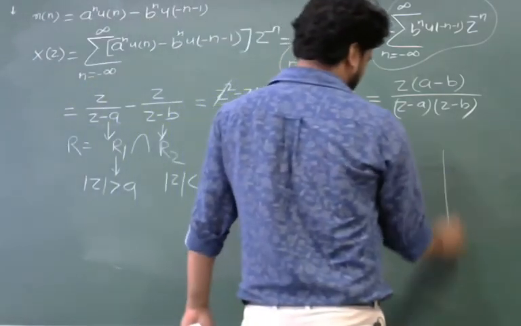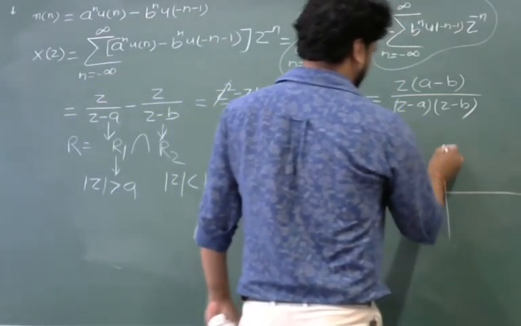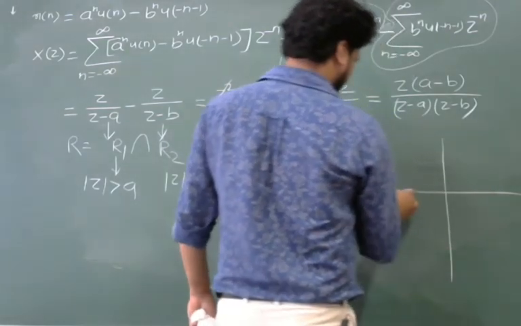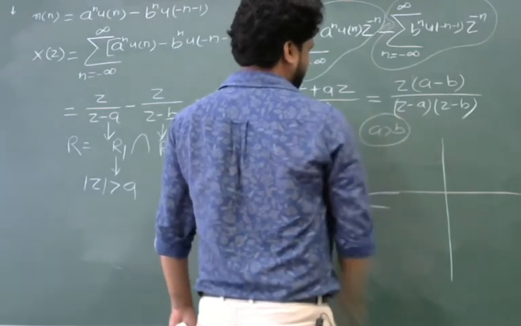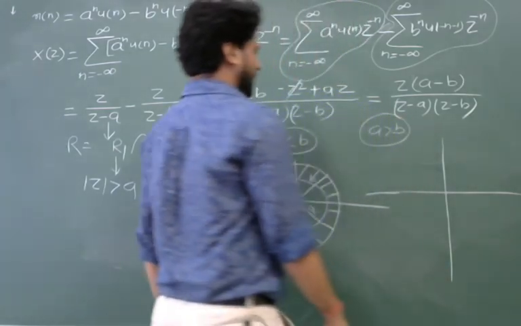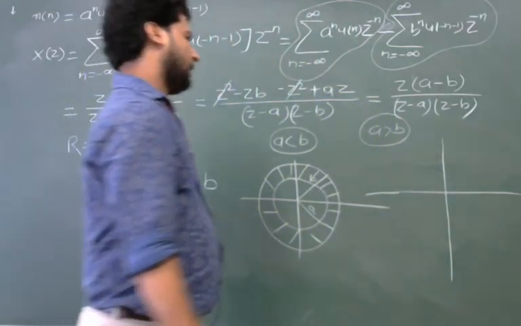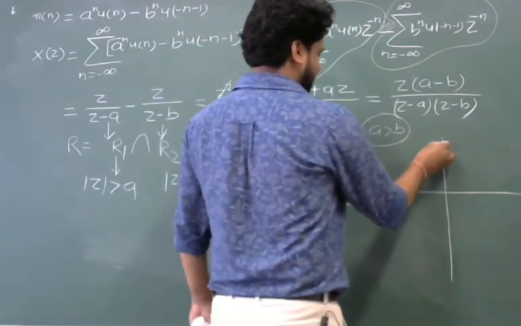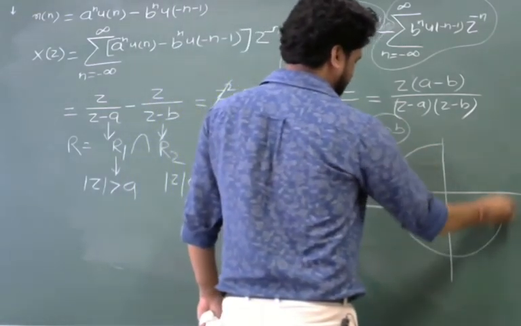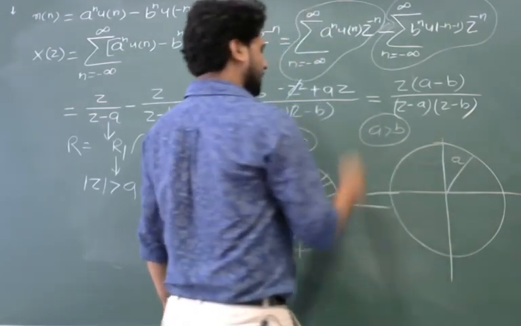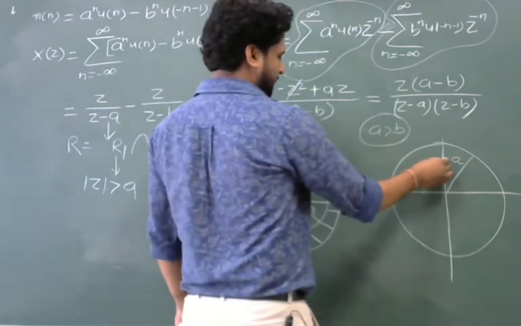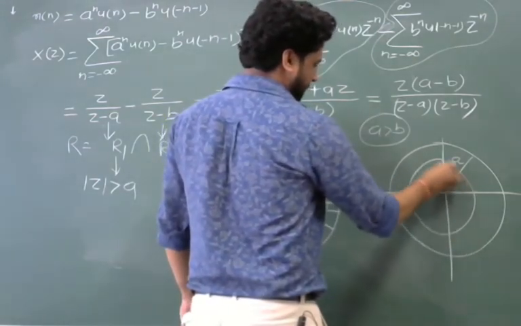Now consider another case, when b is less than a. I will draw two circles for a and for b respectively. The first circle has radius a, and there is another circle whose radius is b, and b is less than a.